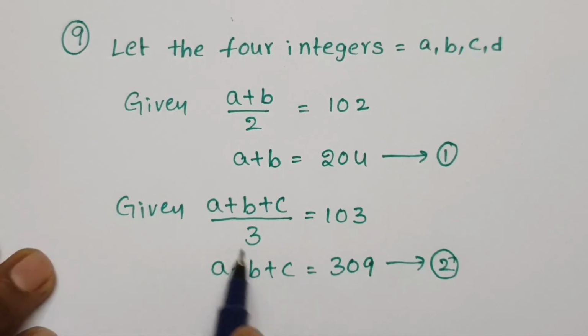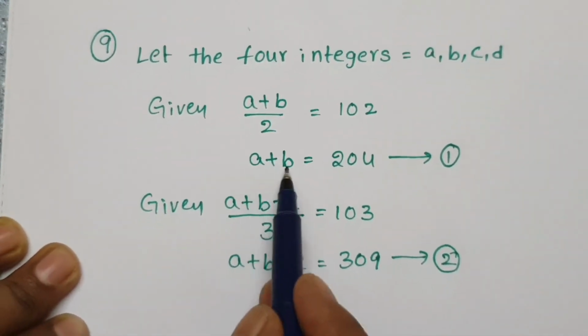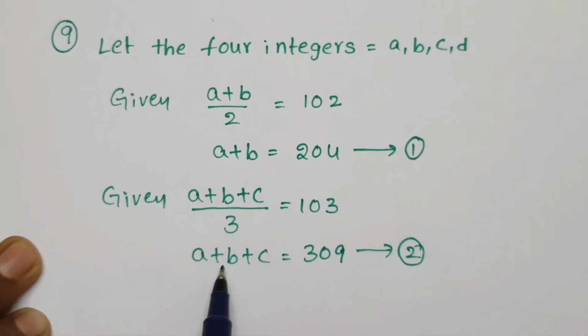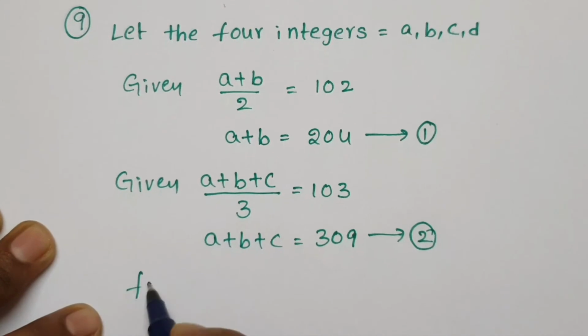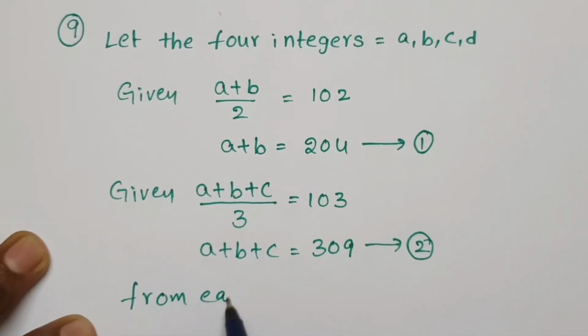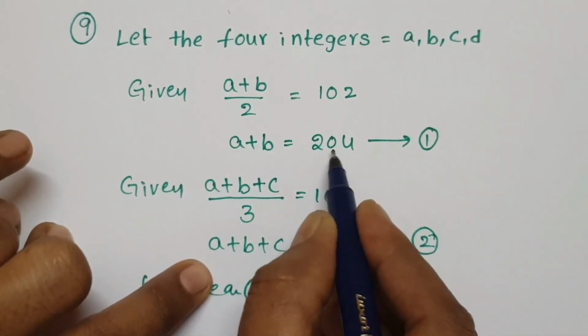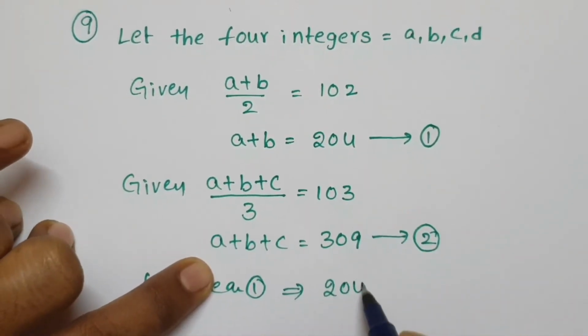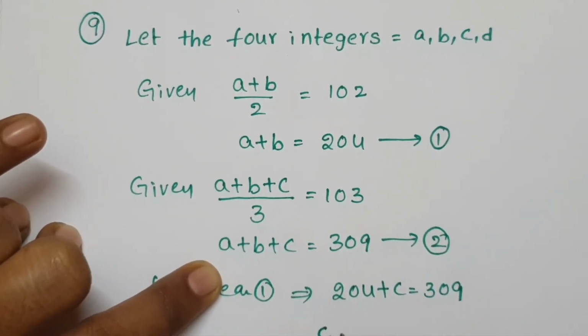In equation number 2, substitute equation number 1. Here a plus b equals 204. In this equation, substitute the a plus b value from equation number 1, a plus b equals 204. 204 plus c equals 309. Got it?